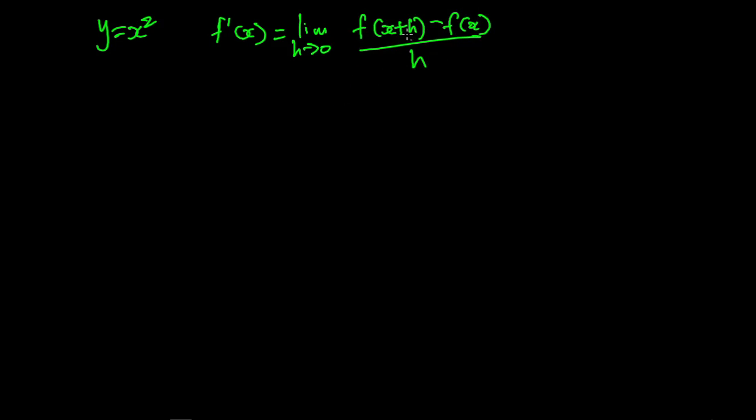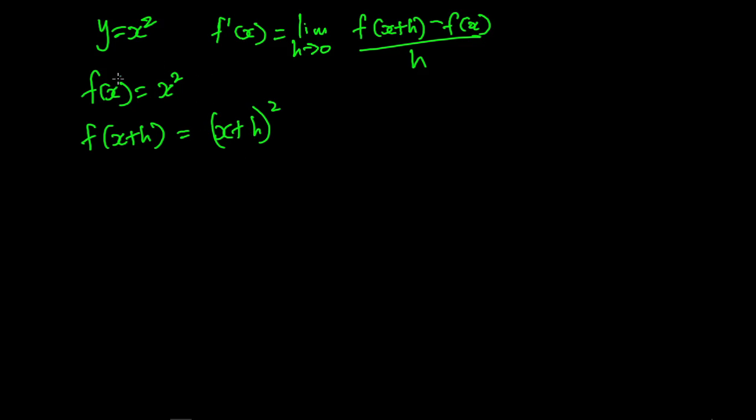So we are looking for f of x plus h, and we are also looking for f of x. As given in the question, f of x is the same as x squared, while f of x plus h is the same as x plus h squared. The difference is wherever you see x, you replace it with x plus h. So in the question we have x squared, that means we replace this x with x plus h.